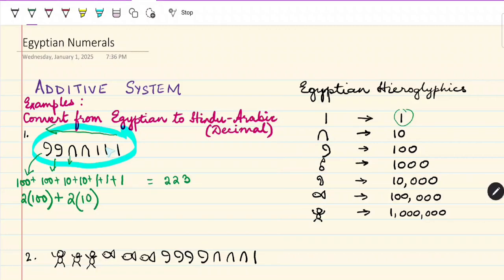And then we have 3 of these poles or vertical staff, so that's 3 times 1, which gives us 200 plus 20 plus 3, which is 223.